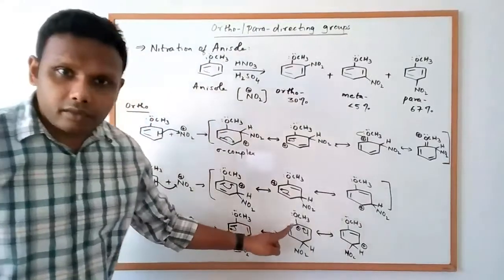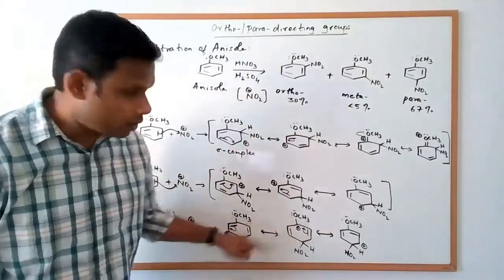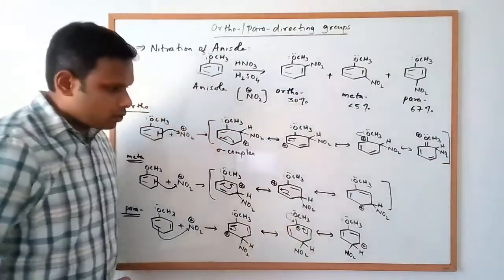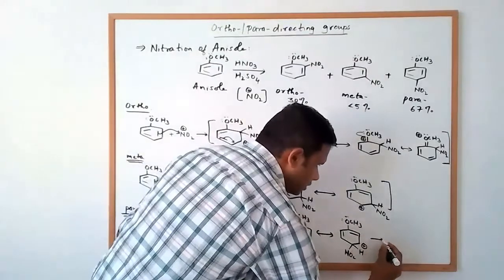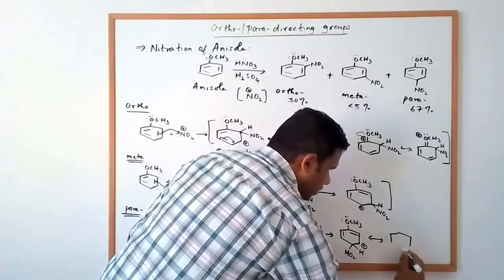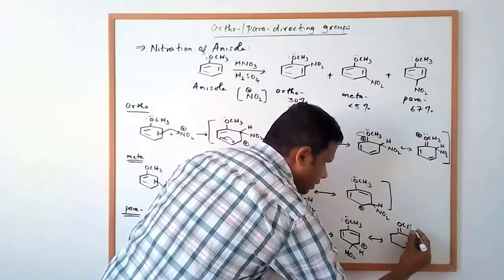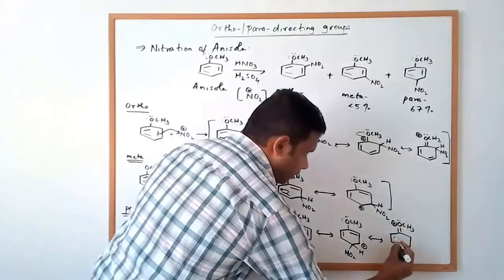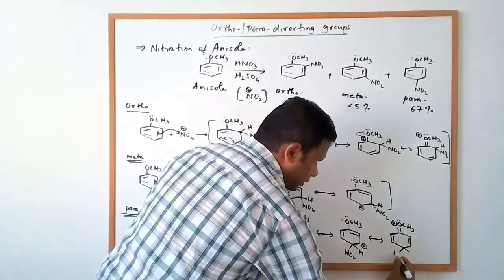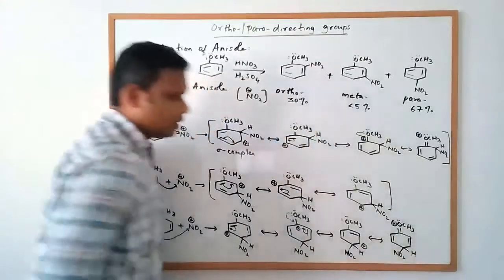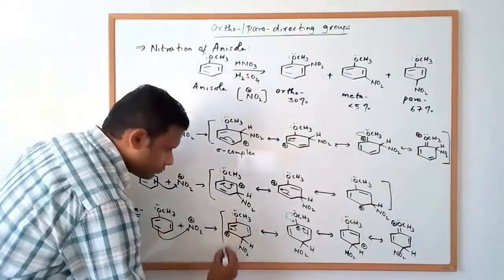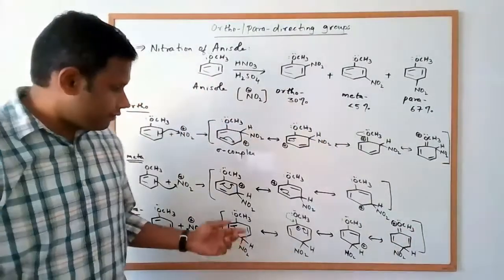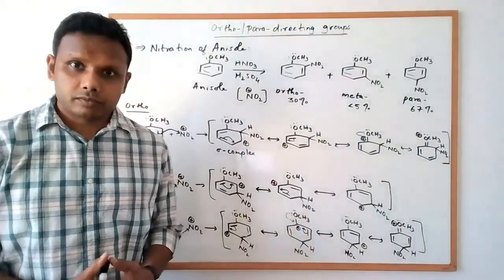And from the same resonance form, because we have the oxygen with the lone pair next to it, we can draw an additional resonance form where I use the lone pair here. So that's going to give us a different resonance form where we've used the oxygen lone pair. So we have the OCH3 lone pair, positive charge, double bond, NO2 and H. So what we notice is for this para attack, again, we are able to draw 4 possible resonance forms.